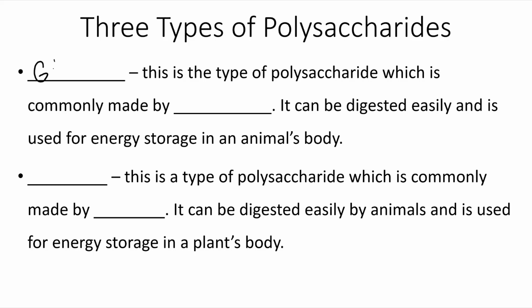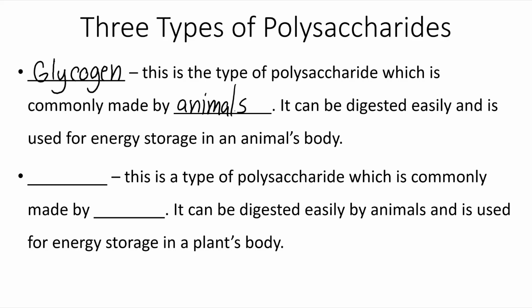Glycogen. This is the type of polysaccharide which is commonly made by animals. It can be easily digested, and it is used for energy storage in an animal's body. In humans, we have a lot of glycogen stored in our liver.